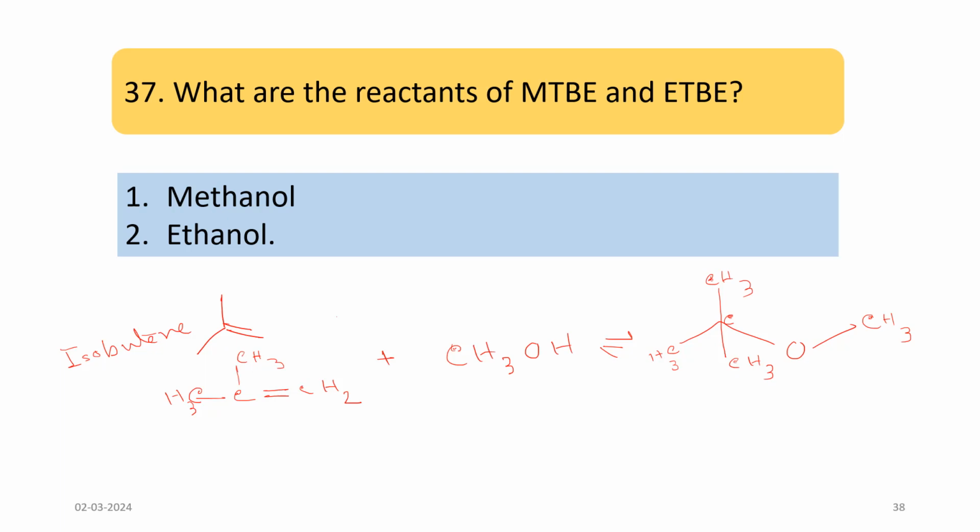This is the MTBE, and similarly this isobutene reacts with ethanol, CH3, CH2, OH, produces ETBE. Okay, this is MTBE and this is ETBE, ethyl tert butyl ether.